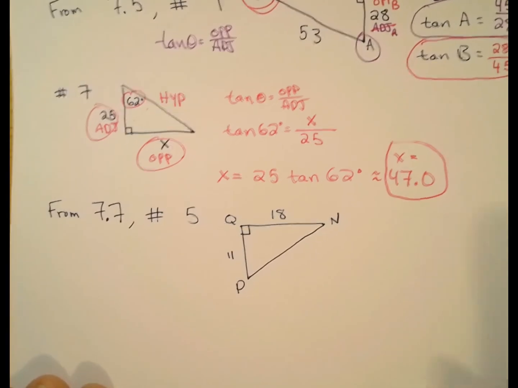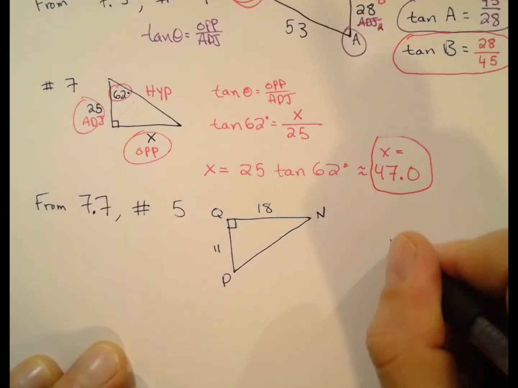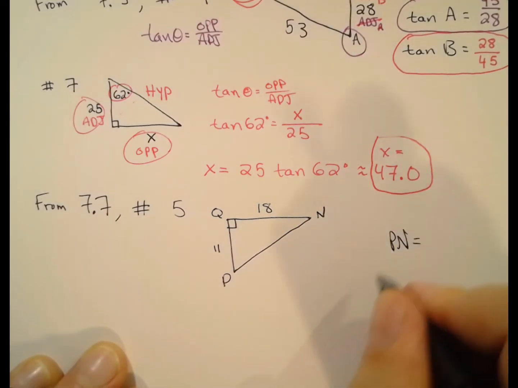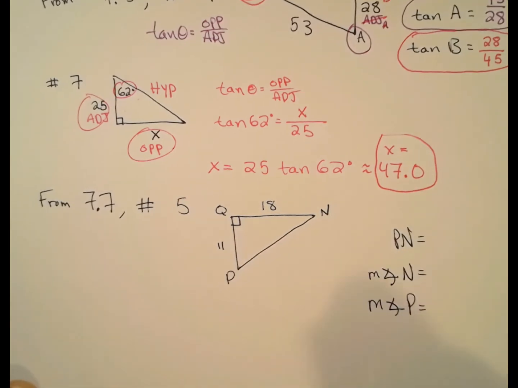And last example from last week's practice, we're going to find PN, we're going to find the measure of angle N, and we're going to find the measure of angle P. First, PN, that's the Pythagorean Theorem.